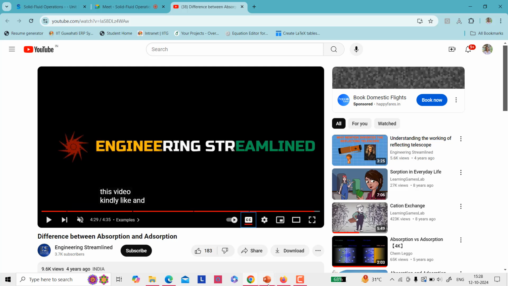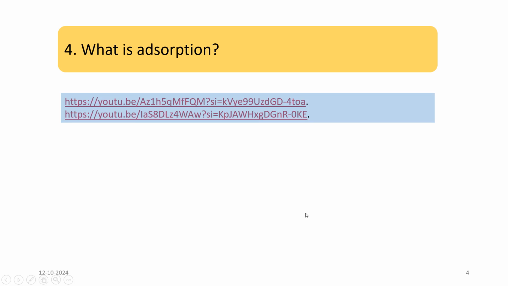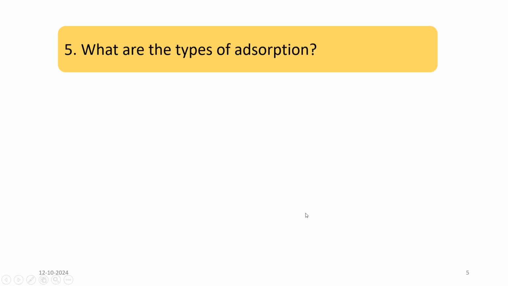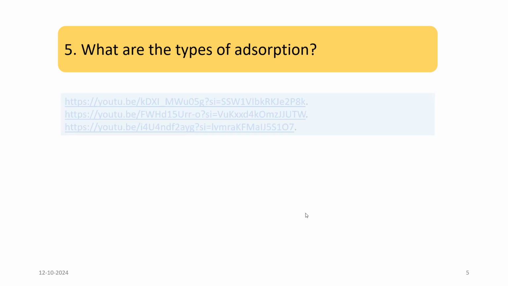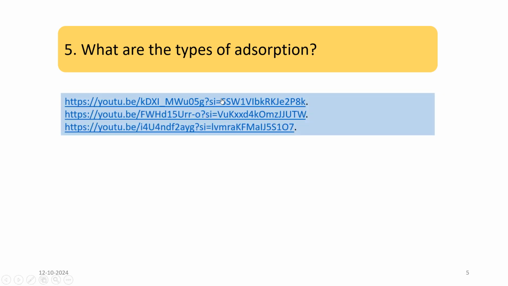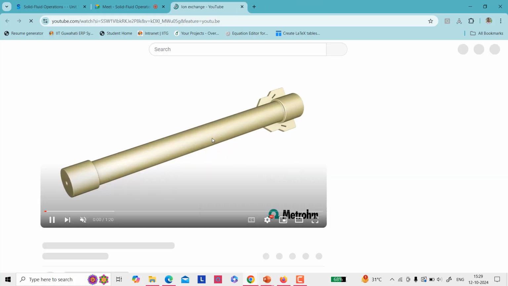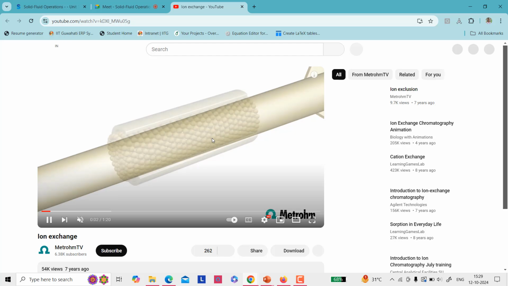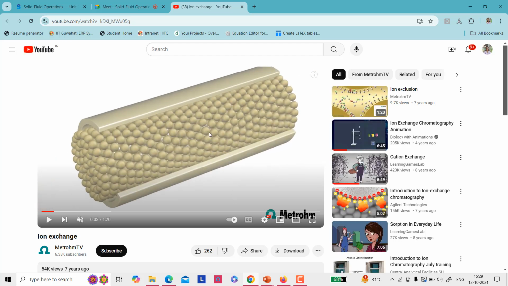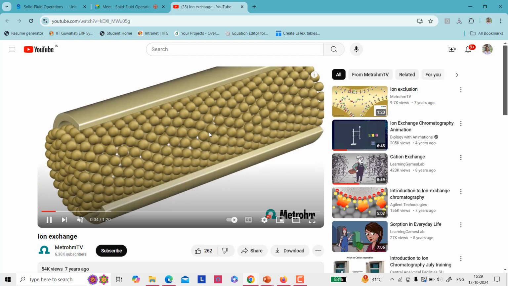Next, what are the types of adsorption? So mostly ion exchange and chromatography, these are the types. So this is the ion exchange resin, as you can see.